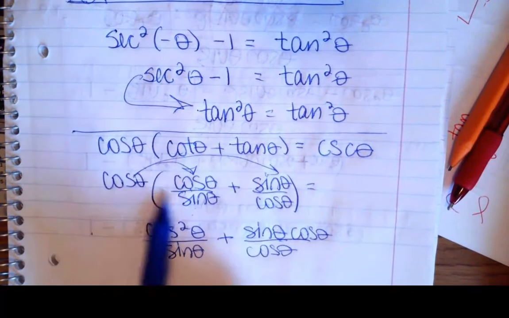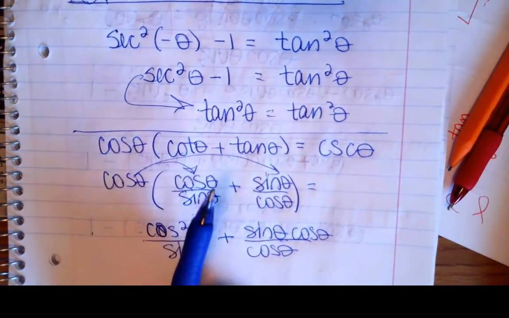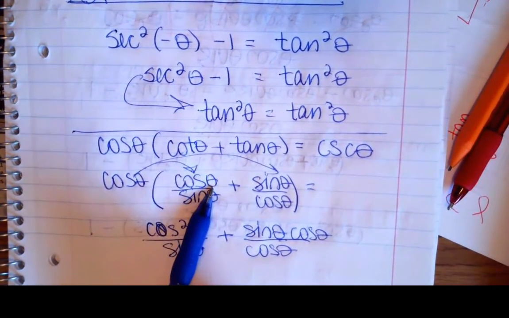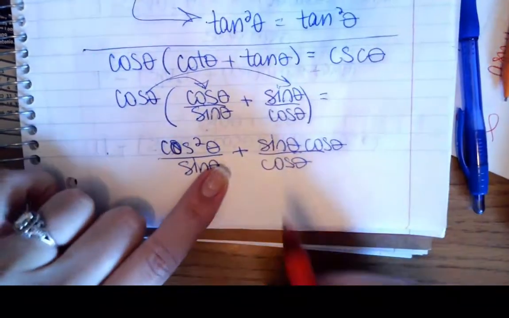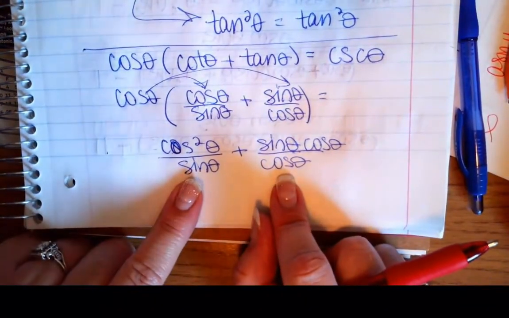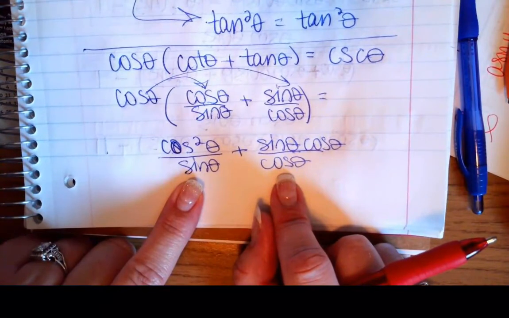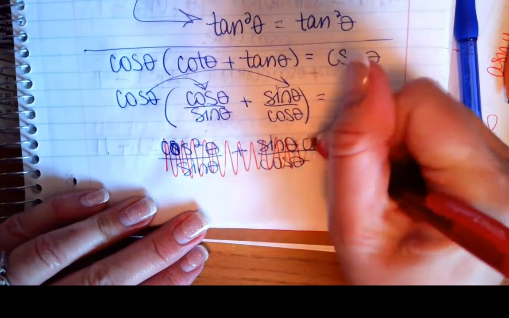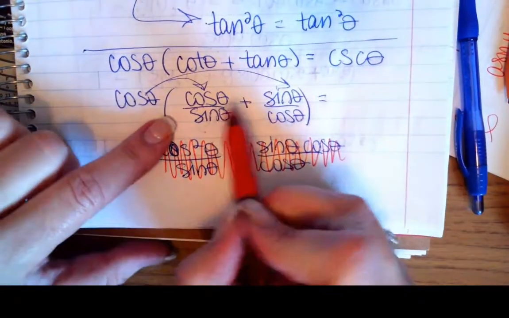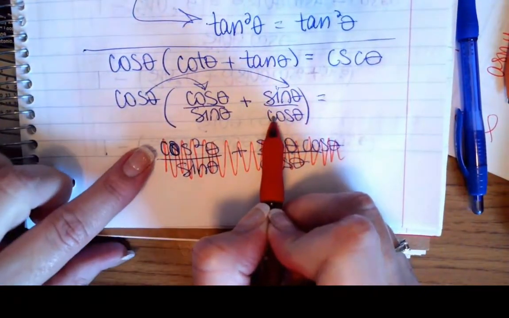I made it look worse instead of better. So maybe what I should do is get a common denominator. Actually, let's back up the truck just a little bit, and let's get a common denominator here just because it'll be cleaner.